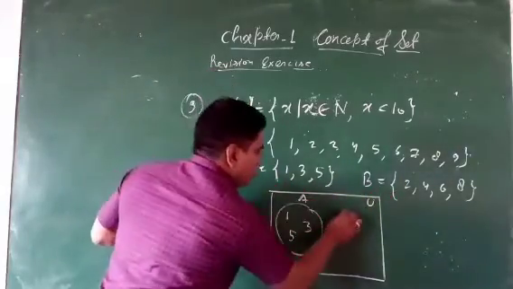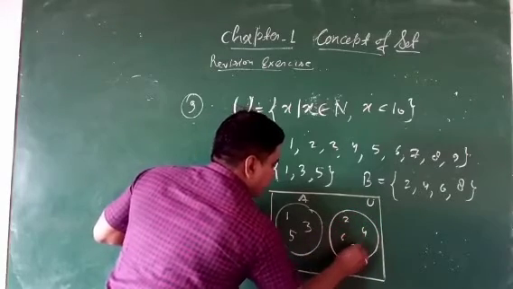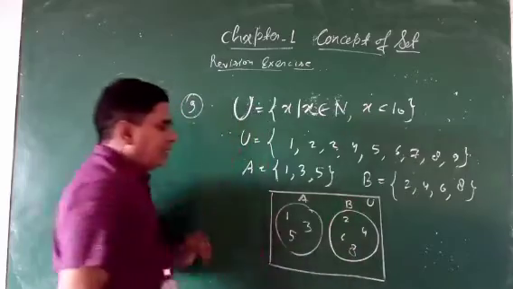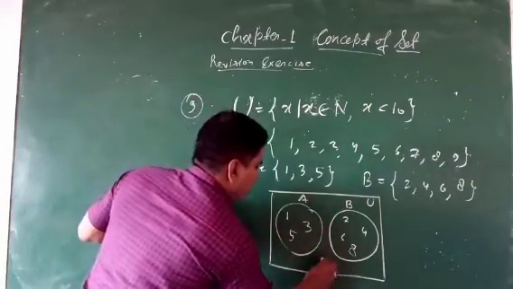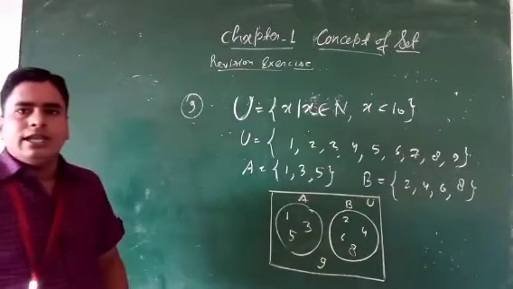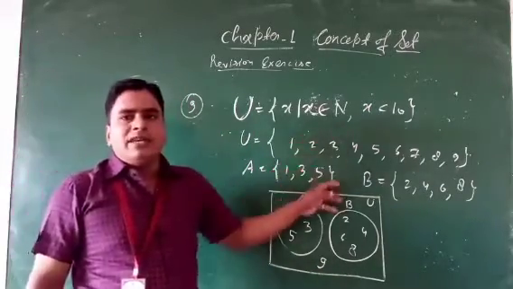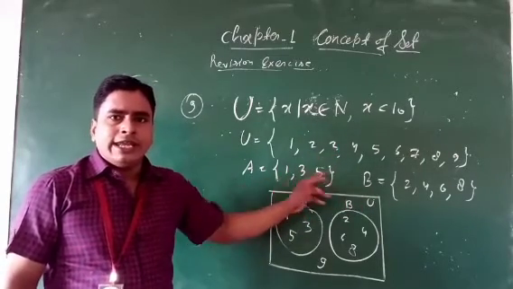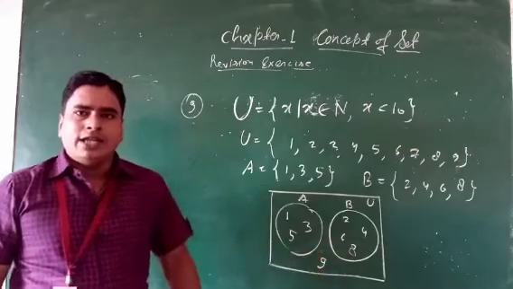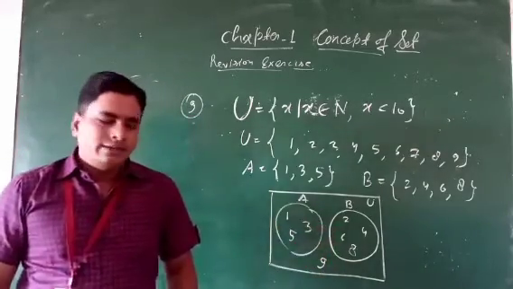No. 2, 4, 6, 8 in set B. And the remaining element 9 we write here. Clear? Okay. This is how we represent the universal set and the two sets A and B in a Venn diagram. Here both sets are disjoint sets.